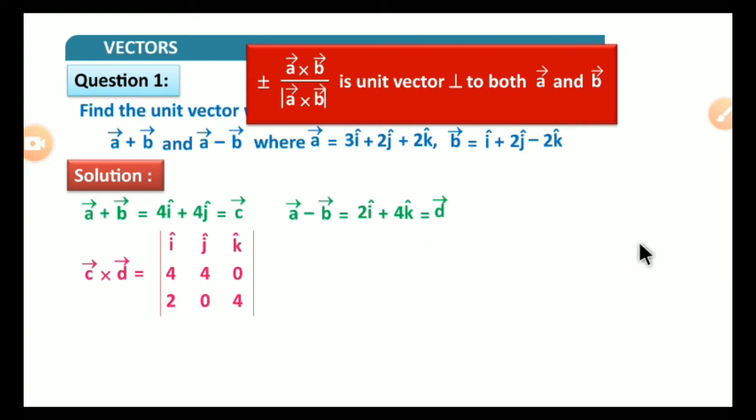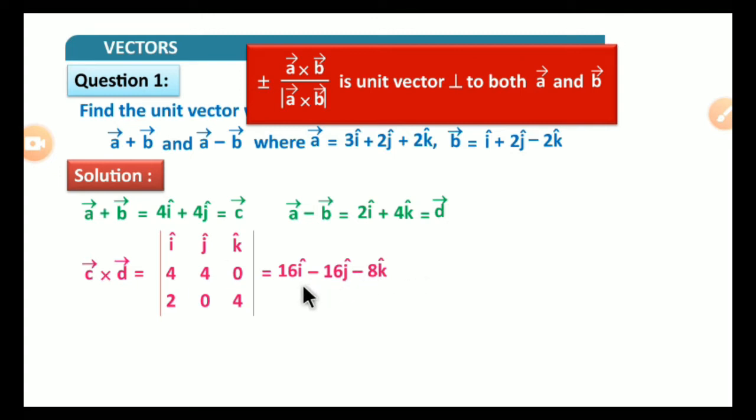Now we have to simplify this one, so that we will get i into 4 times 4, that is 16, minus 0, so it is 16i, minus j into the bracket of 4 into 4 minus 2 into 0, which is 0, so it becomes minus 16j, and k into the bracket of 0 minus 8, so it becomes minus 8k.